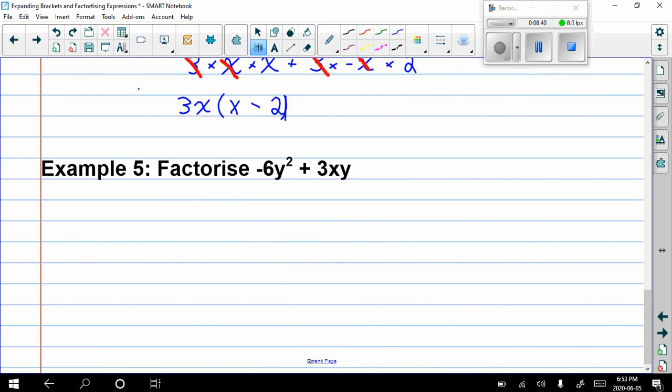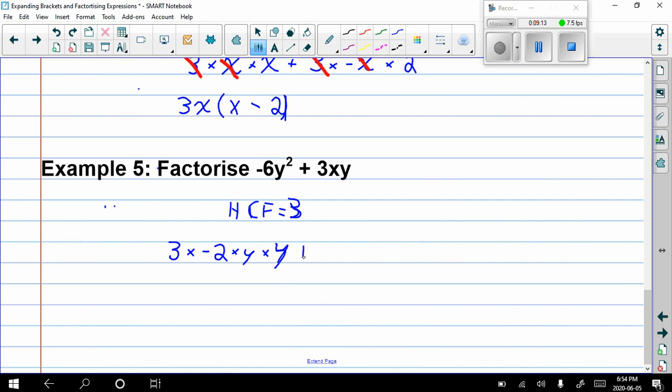And something a little bit more complicated, what happens when we have two different kinds of variables and numbers? So our highest common factor, again, between 3 and 6 is simply 3, right? So we want to write each expression as 3 times by negative 2 times by y times by y.